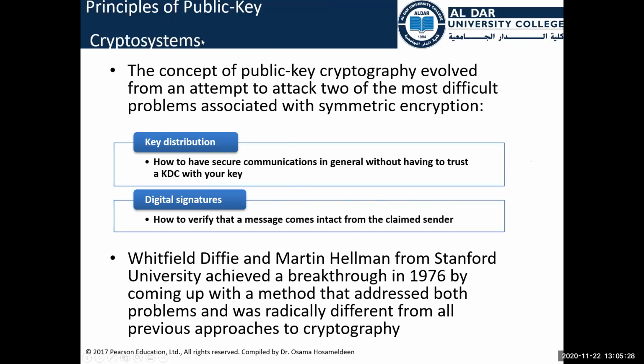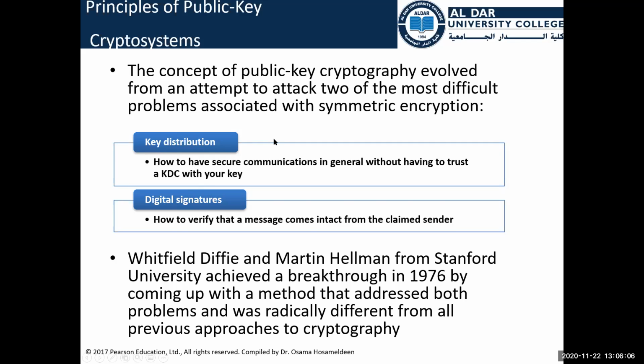So, the principles of public key cryptosystems: the concept of public key encryption is that we try to avoid the attacks by solving the most common problems here, which are key distribution and digital signature. Key distribution means it is not simply sending a key from party A to party B, as this is going to be captured easily.